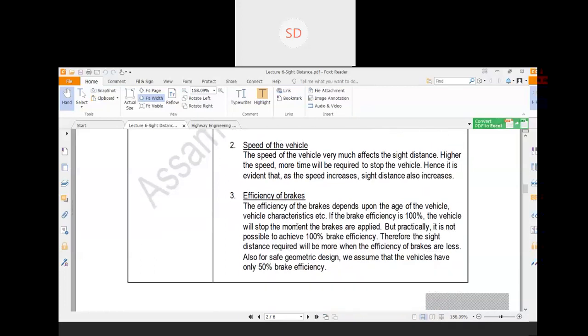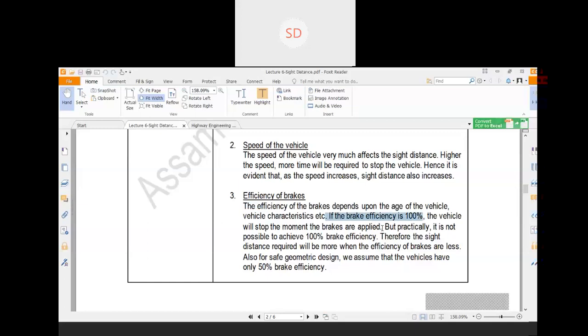Then coming to the next factor, efficiency of brakes, that is, how efficient the brakes are. The efficiency of the brakes depends upon the age of the vehicle, its characteristics, and the braking mechanism of the vehicle. If the brake efficiency is 100%, the vehicle will stop the moment the brakes are applied. But in the actual field, the brake efficiency is not 100%.